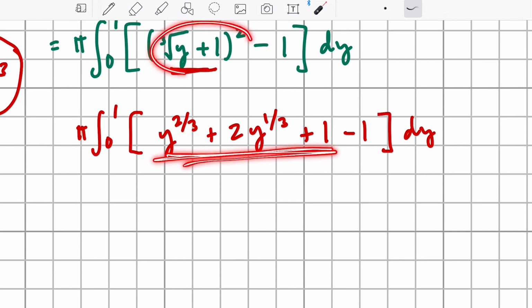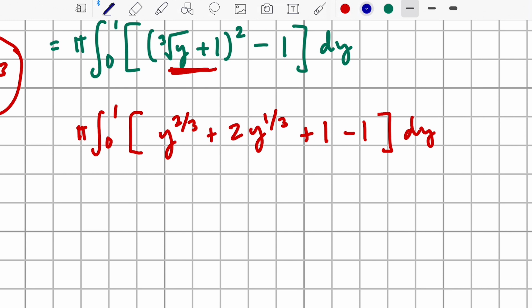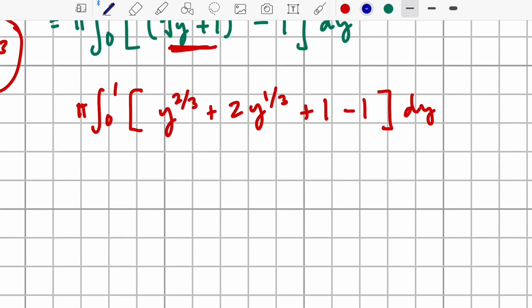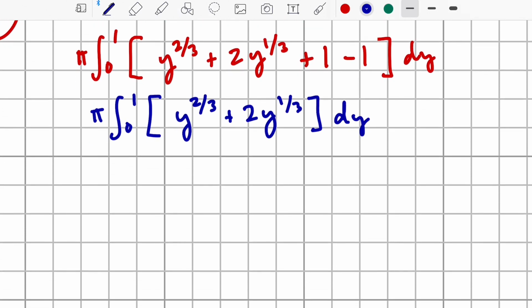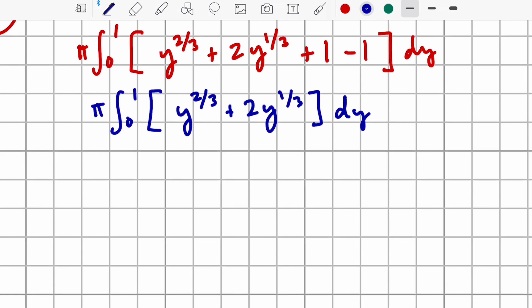So this part right here, I expanded the binomial by using the shortcut that I've taught to you guys. So one more thing, let's simplify even more. So this will be y raised to the 2/3 power plus 2y raised to the 1/3 power, and the 1's cancel out, so I'm left with dy. That's why I want to simplify.